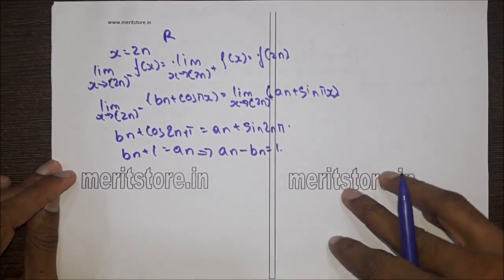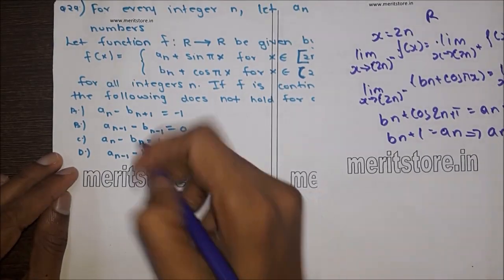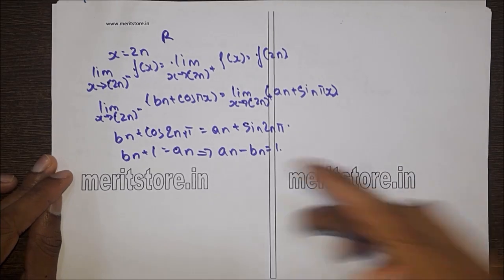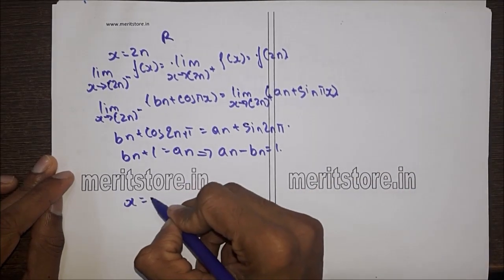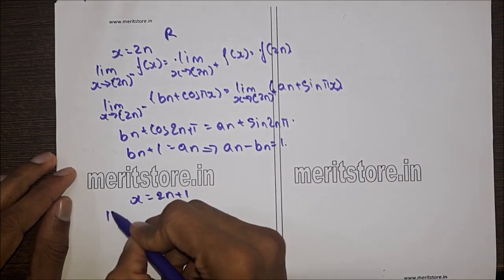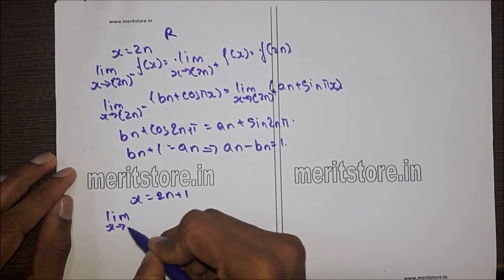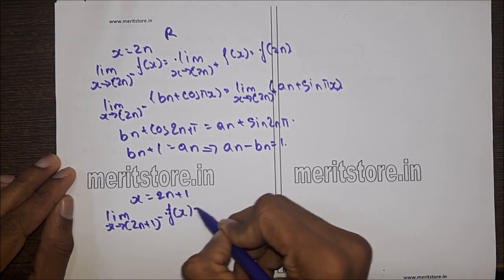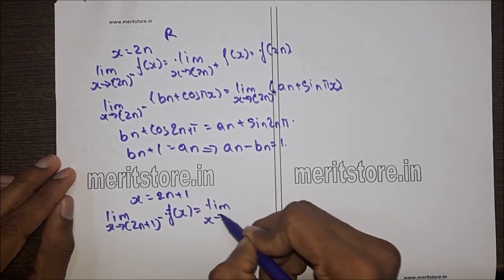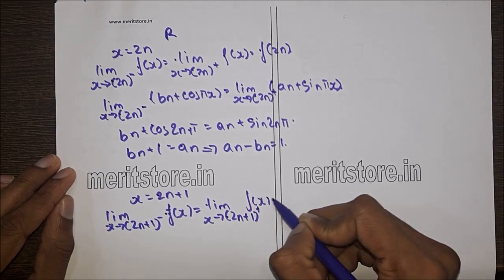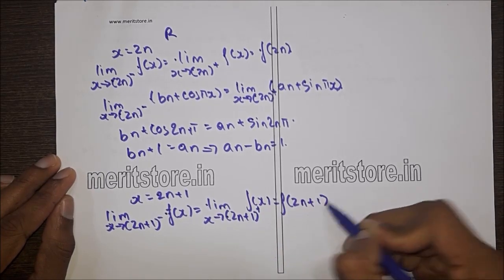So if we see option C, we get a correct answer as a_n minus b_n equal to 1. Also f is continuous at x equal to 2n plus 1. Therefore, solving for this, we get limit x approaches 2n plus 1 from the left hand side of f x equal to limit x approaches 2n plus 1 from the right hand side of f x equal to f of 2n plus 1.